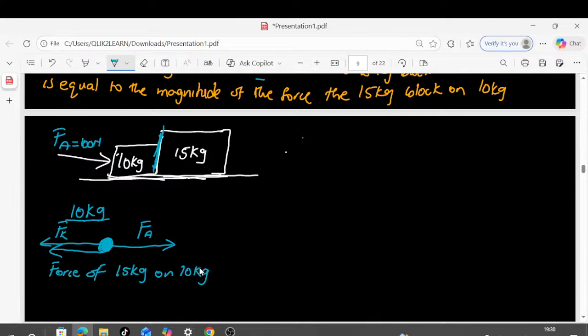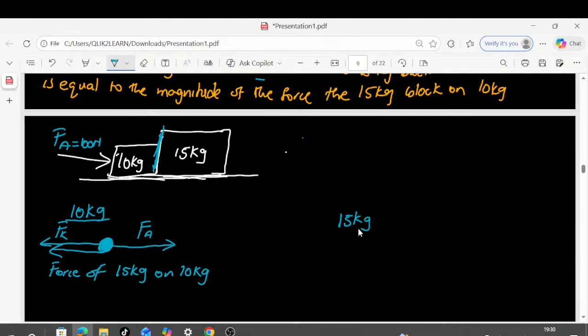It's very important. So now, if you understand this part, this is where everything starts to get interesting. The free body diagram. The force that will go in that side is the force of the 15 kg block on the 10 kg block. So let's say that we need to draw a free body diagram for the 15 kg block.